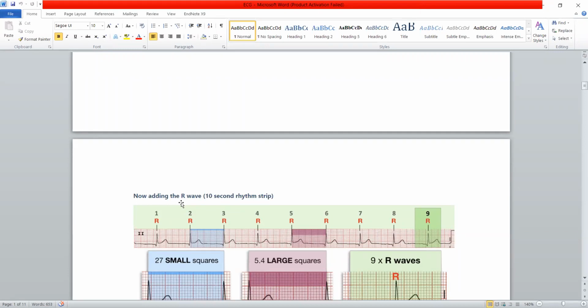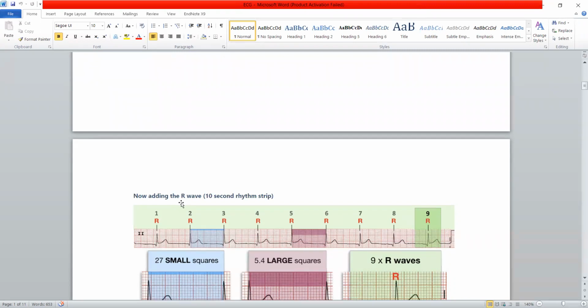So if we are calculating the large squares, then we divide 300 by the number of large squares. What will be the heart rate? 300 divided by 5. What will be the answer? 60. So the heart rate in this ECG is 60.